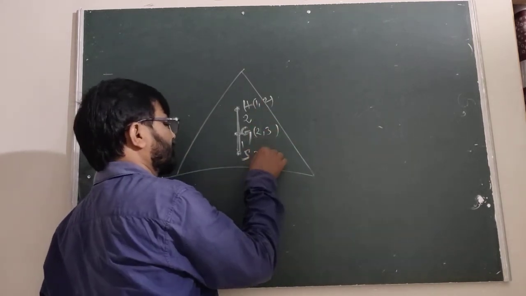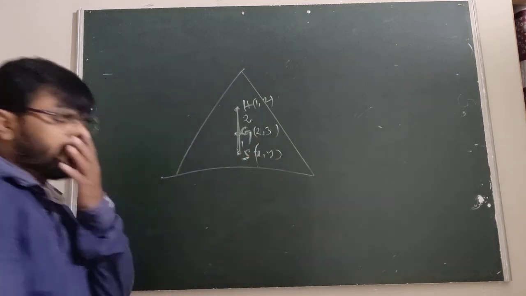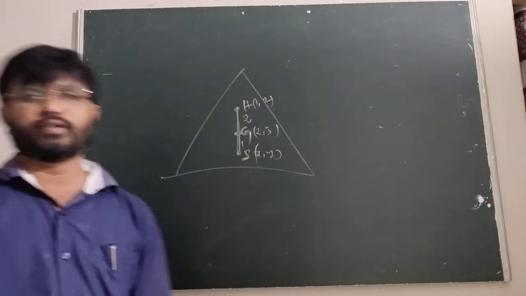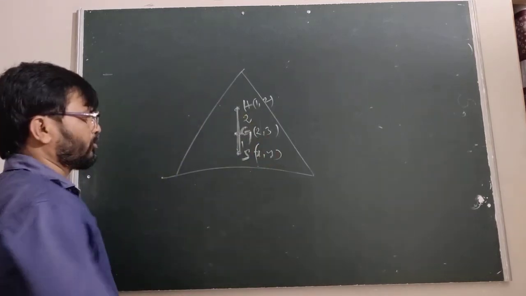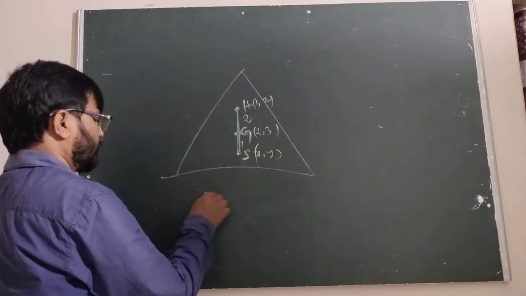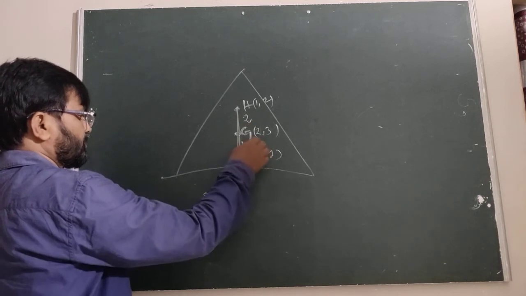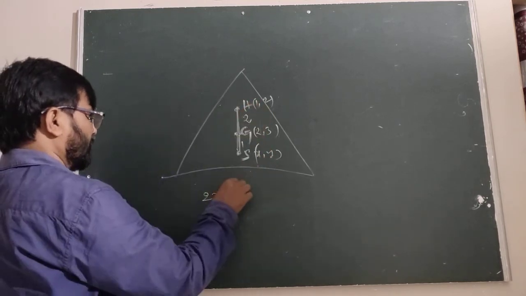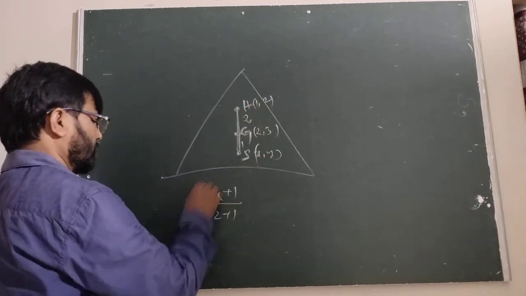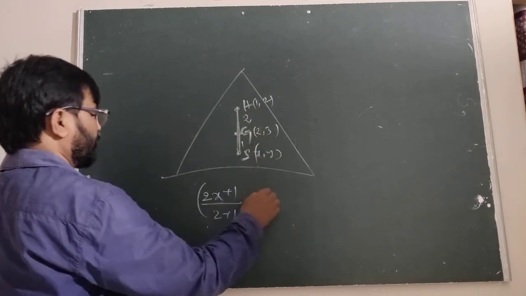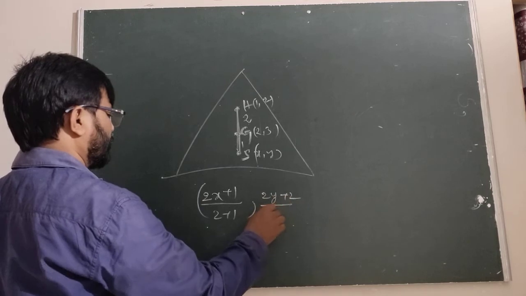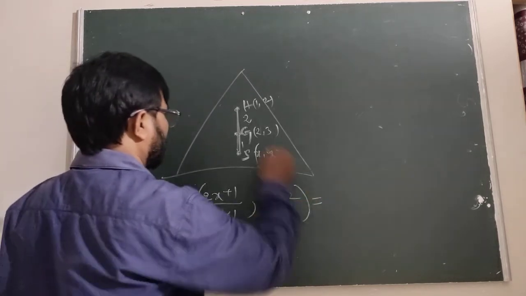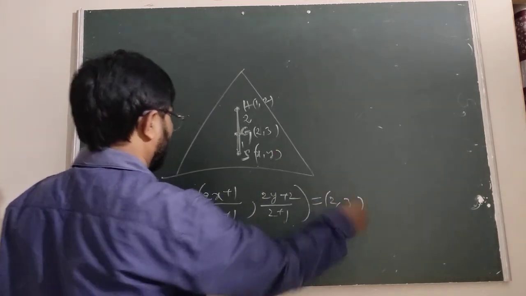How to find it? We take the point (x, y). Suppose any two points are given, how do we find the third one? We have to know that condition: G divides in the ratio 2:1. So (2x + 1)/(2 + 1) and (2y + 2)/(2 + 1) equals the centroid (2, 3).